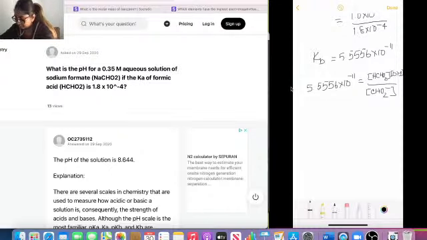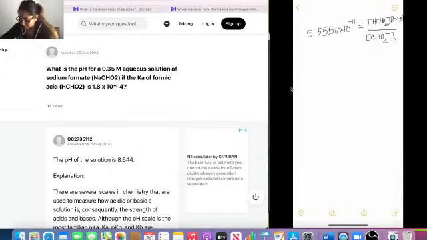And if you remember, we have to construct an ICE table, which is your initial, change and equilibrium table for the reaction, to determine the concentrations, because we need the concentration to find your pH.